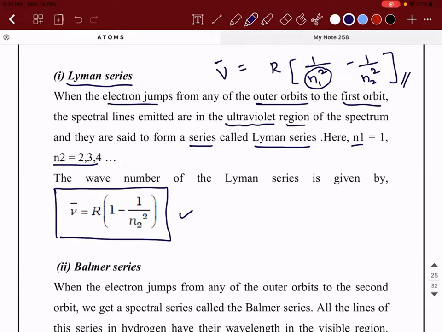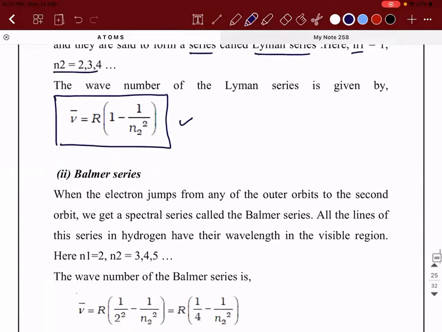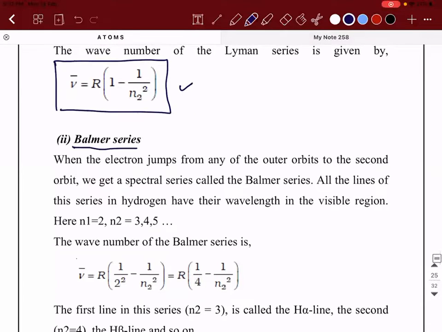Remember, a question will be asked: for the Lyman series, what is the region in which the light rays are emitted? Similarly, when an electron jumps from an outer orbit to the second orbit, we get the spectral series called the Balmer series.